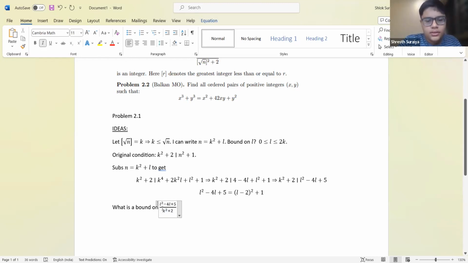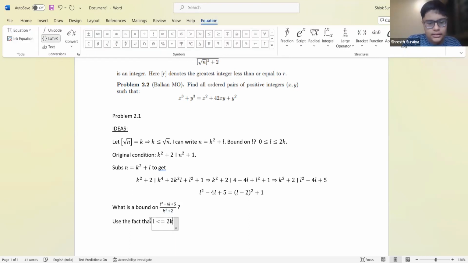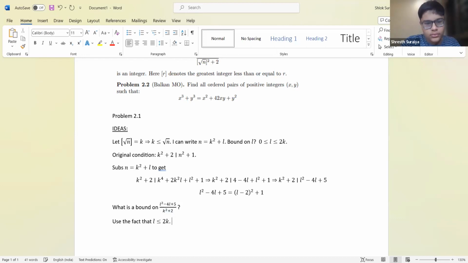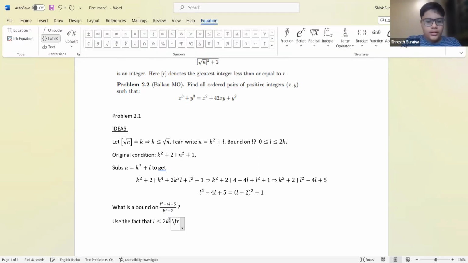So you just use the fact that l is less than or equal to 2k. So what can be a bound? It's very simple. That fraction is equal to (l minus 2) whole squared plus 1 upon k squared plus 2, right? For l greater than 2, (l minus 2) whole squared is obviously increasing.